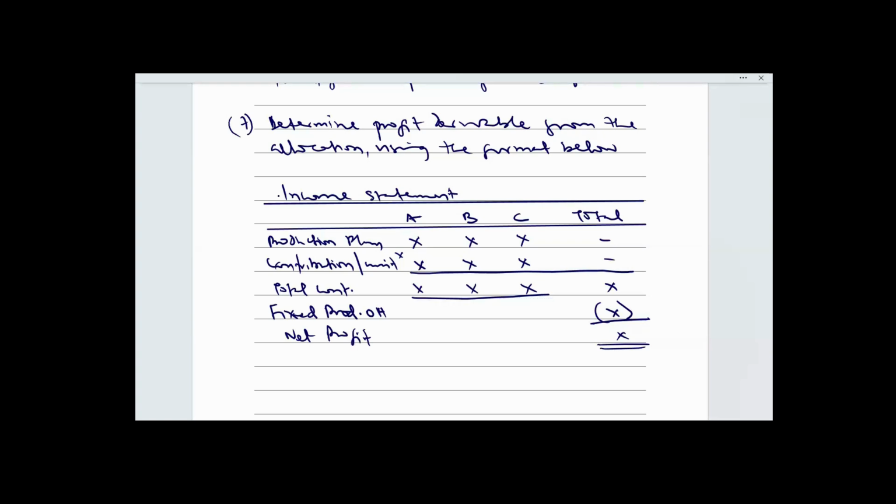So this is where we are going to call it a day. In our next class, by the grace of God, we are going to solve 4 different illustrations. One illustration where there's just a general question. It has nothing to do with any of those other questions, just a regular question. Then the second illustration we are going to solve will be optimal mix, where there is minimum allocation.